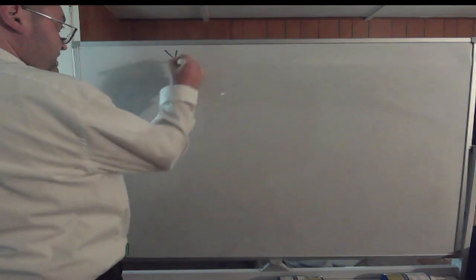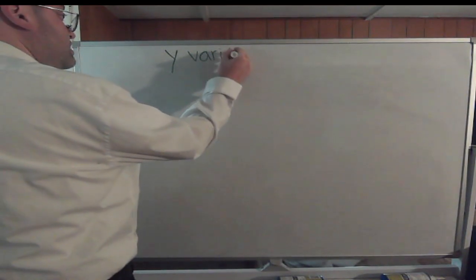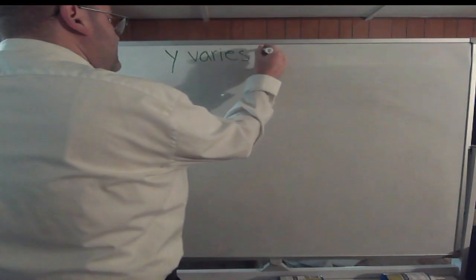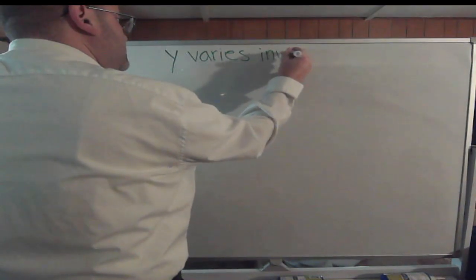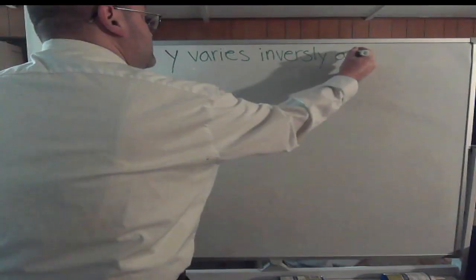So let's get into our first example here. Y varies inversely as x.